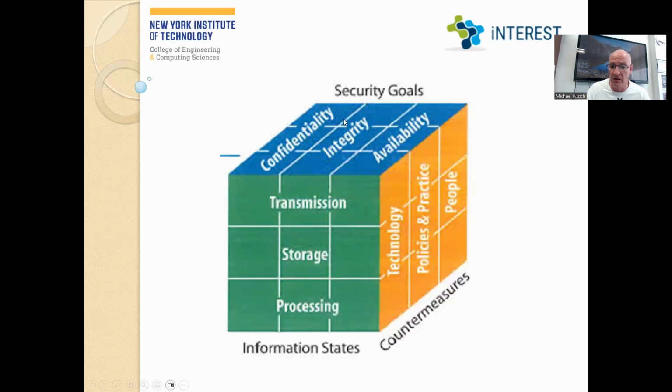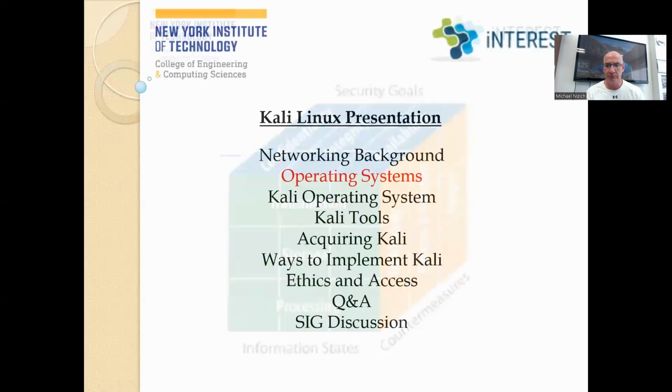Maybe when you're sending data, it's not secure at all, and all of them are at risk. Or maybe when you're storing data, you are secure, but when you're sending data, you're not. So as a security expert, you have to always manage the CIA triad along with the cube. Is this system actually secure in all aspects of the CIA triad?